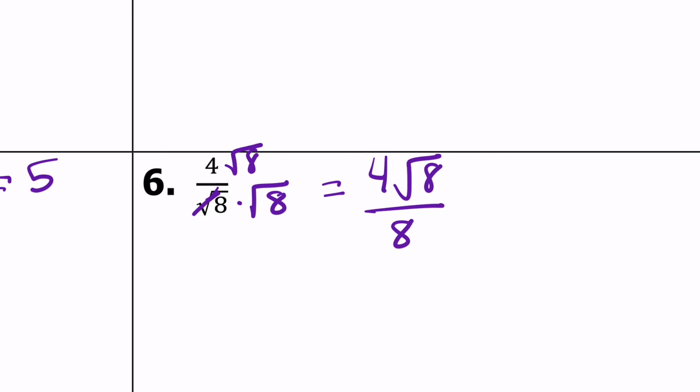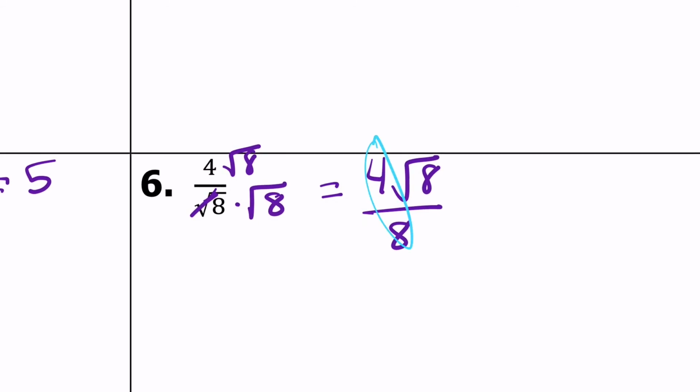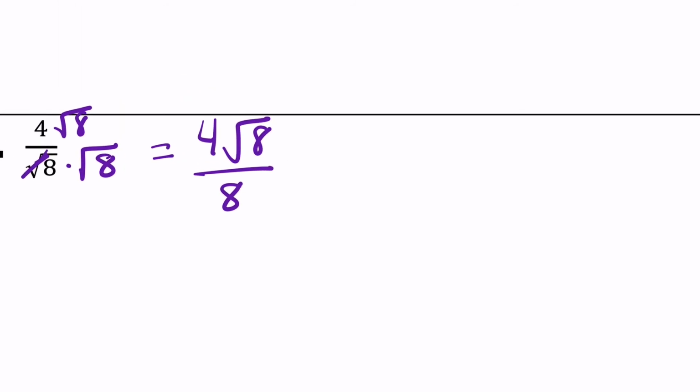Okay? But pay attention to what you're left with as far as your coefficients: 4 over 8. Hopefully you should be able to see that that can be simplified. 4 over 8 is equal to 1/2. Right?